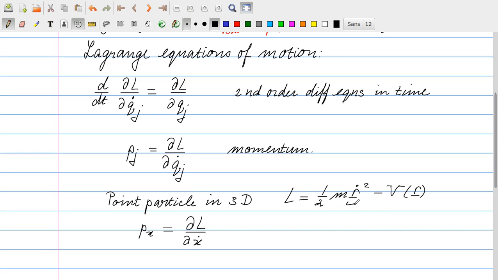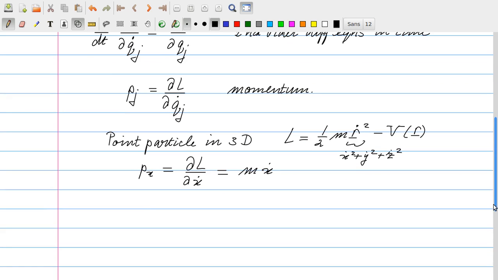Now we realize that this is x dot squared plus y dot squared plus z dot squared, and we see that this is m x dot, and similar for the y and z components. And so in general we can write that p is m times r dot, and that's indeed recognized as the mechanical momentum of a point particle.